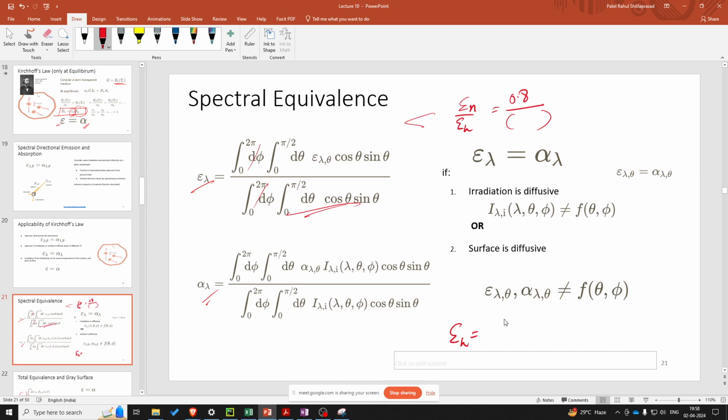So epsilon h will eventually be the integral from 0 to pi by 2 of epsilon, which is a function of theta, times cos of theta, sine of theta, d theta. Now this e theta, I think it should get cancelled out. You can just work it around.